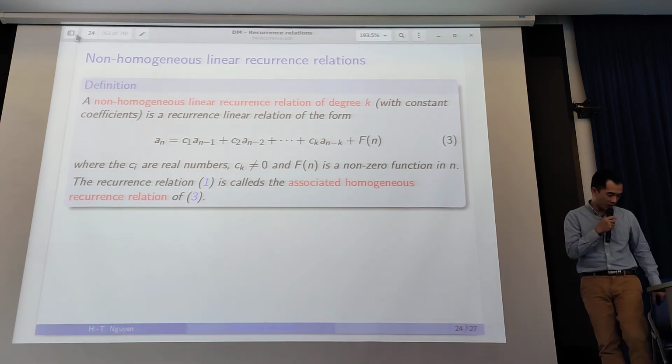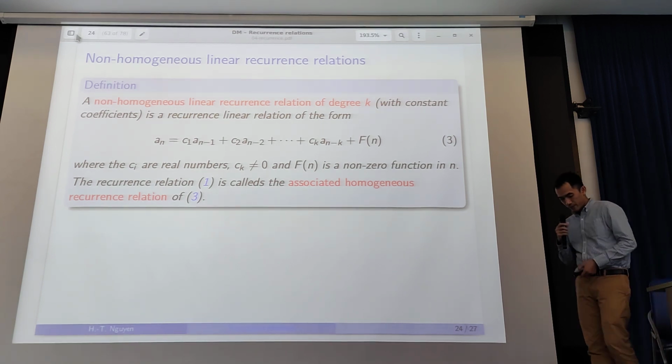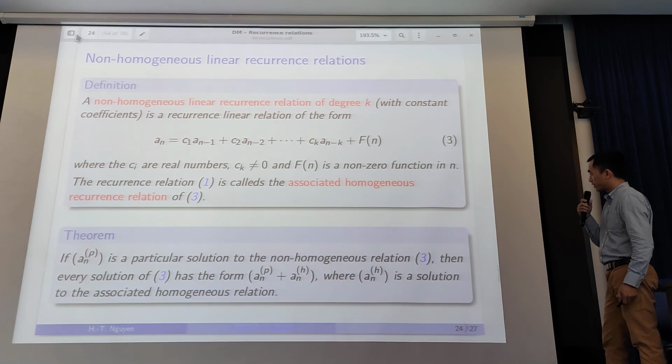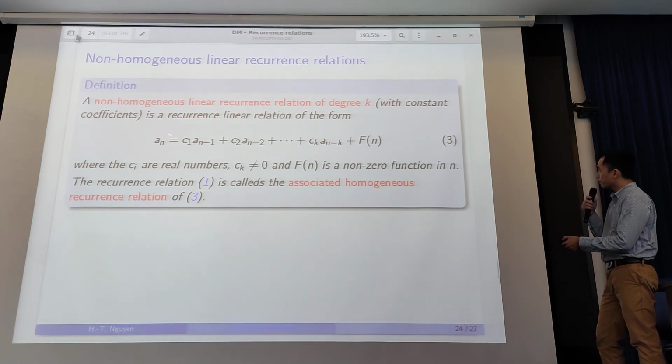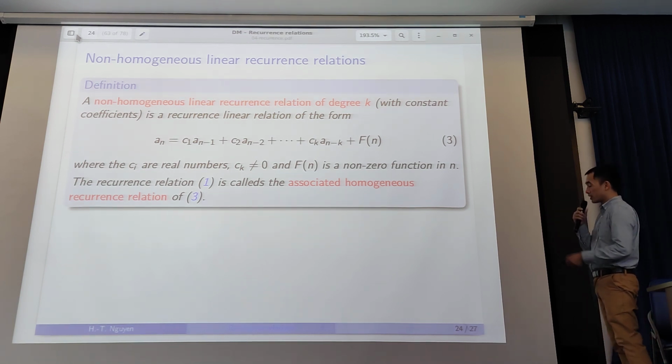You will not have the nice solutions anymore. Okay, so for this kind of relation, for the Tower of Hanoi and for the case of code words, we find ourselves in this situation.